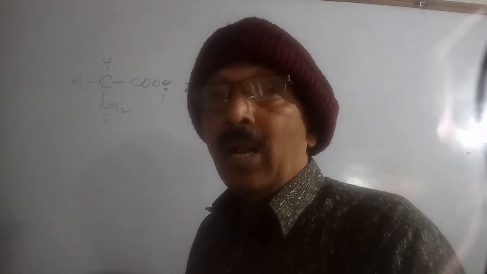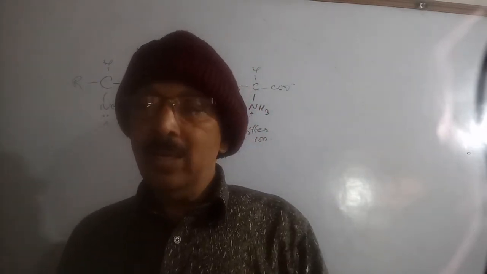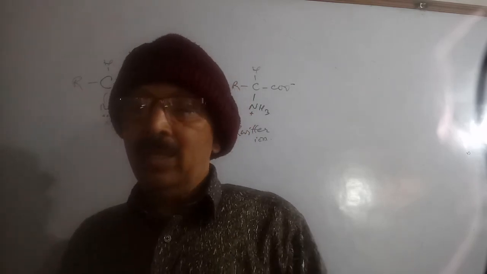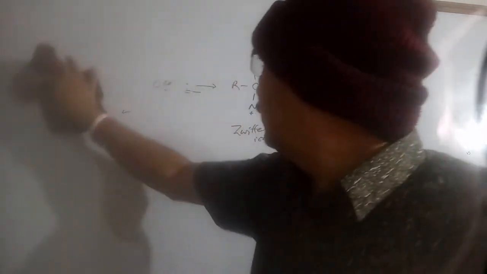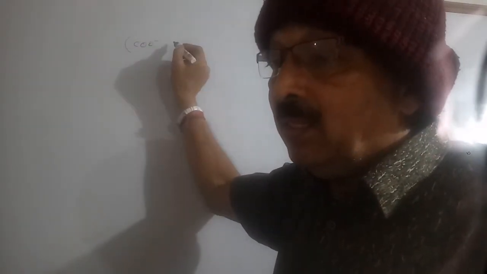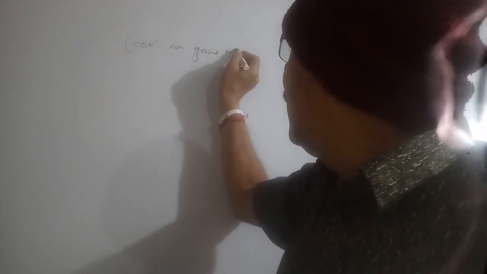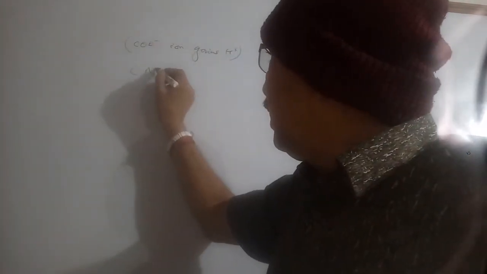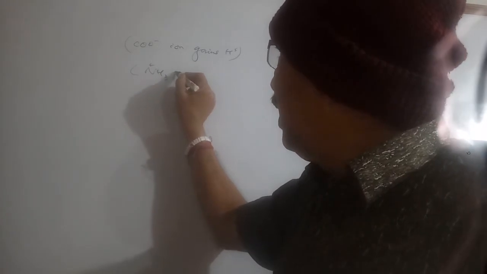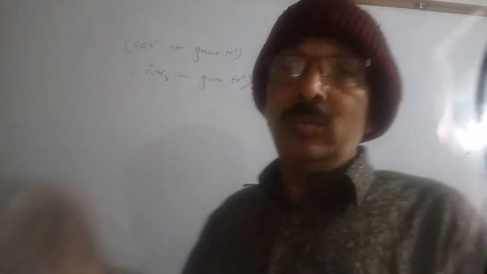In zwitter ion form, alpha amino acids behave as amphoteric, that is, they can combine with acids, that is the COO- ion gains H+, or with bases, that is the NH3+ ion gives H+ ion, that is a proton.